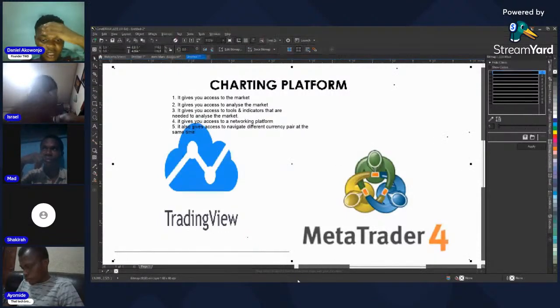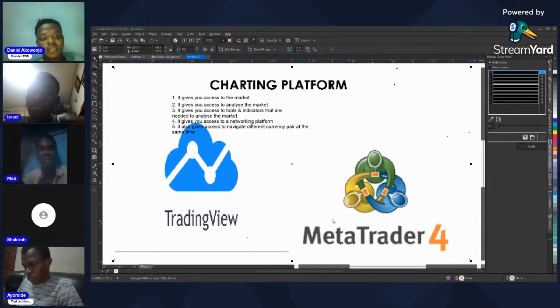So it's important that you know that TradingView is a very essential tool for every trader, and it is not just something you can do without. You need it for every analysis, every trade, every decision you're making.